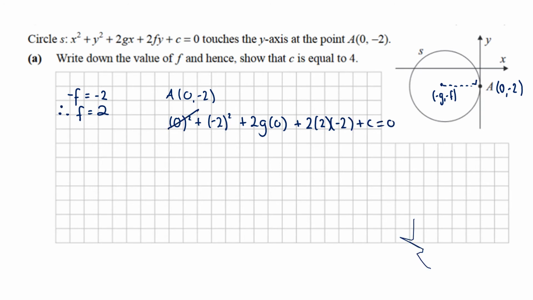Anything with a 0 disappears. We get 4 minus 8 plus c equals 0. We get minus 4 plus c equals 0. Therefore c equals 4, which is exactly what they asked us to do.